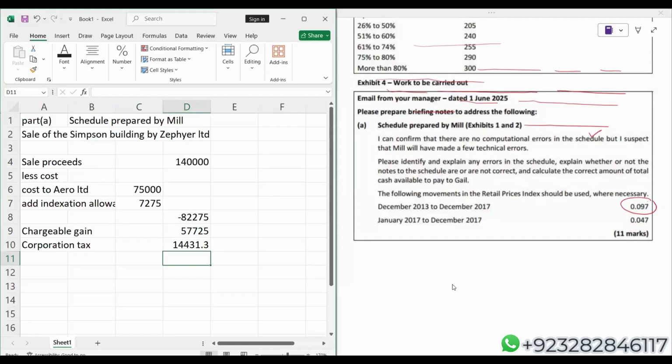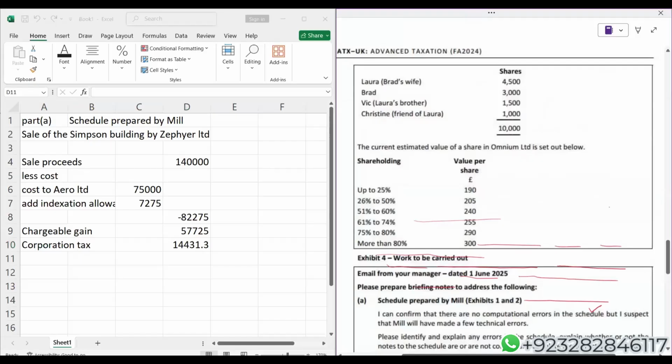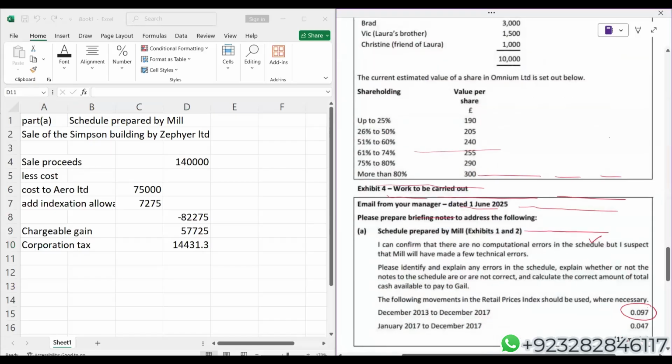Okay, now what? I can confirm that there are no computational errors. In a technical way, please identify. We have done that. Explain whether or not the notes to the schedule are correct. We have done that also.